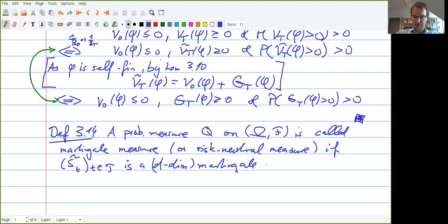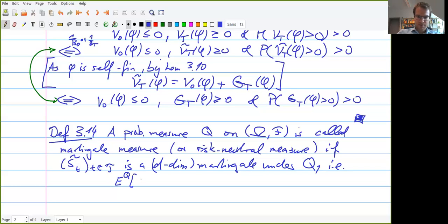D-dimensional just means that each component of this discounted price process is a martingale.